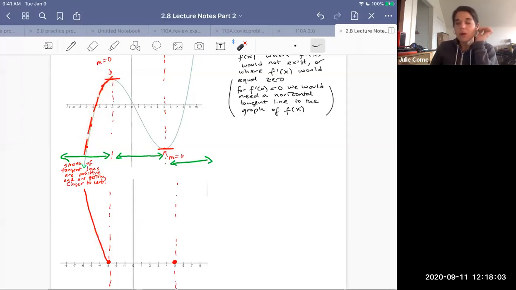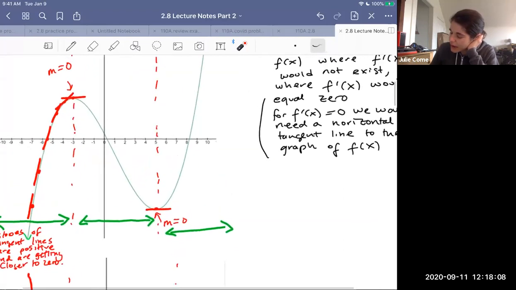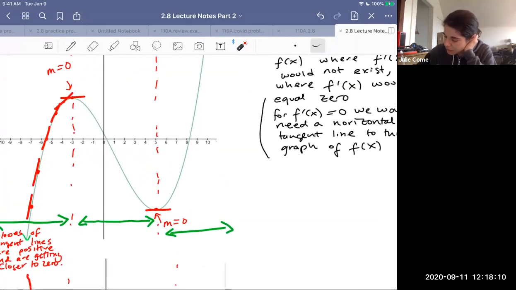Okay. What about in this next interval of values? If we zoom in again and we imagine ourselves taking off here and drawing in some tangent lines, well, now we notice something a little different. Now, if I think about the slopes of all of these lines that I'm drawing in, they're all negatively sloped, right? They're all going down from left to right.